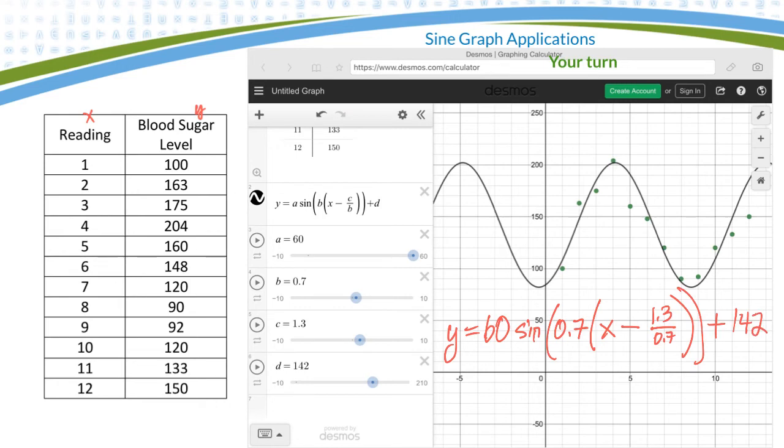There. So if I wanted to know what your blood sugar would be so many hours after a certain start time, I could just plug in that number of hours right there, figure out this formula, and it would spit out what the blood sugar level would be. Good.